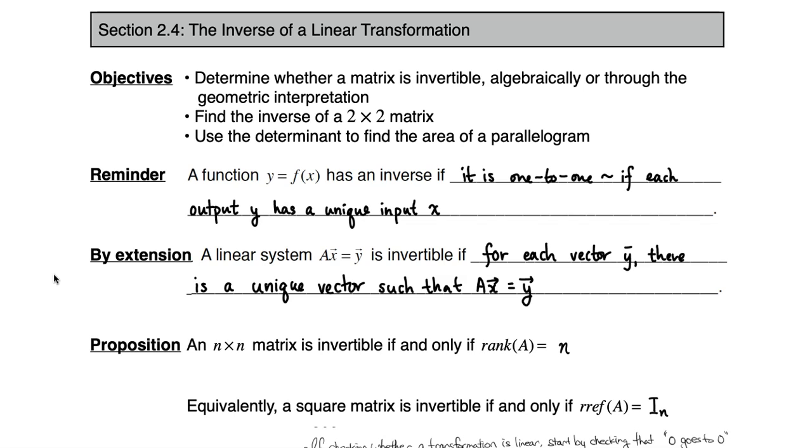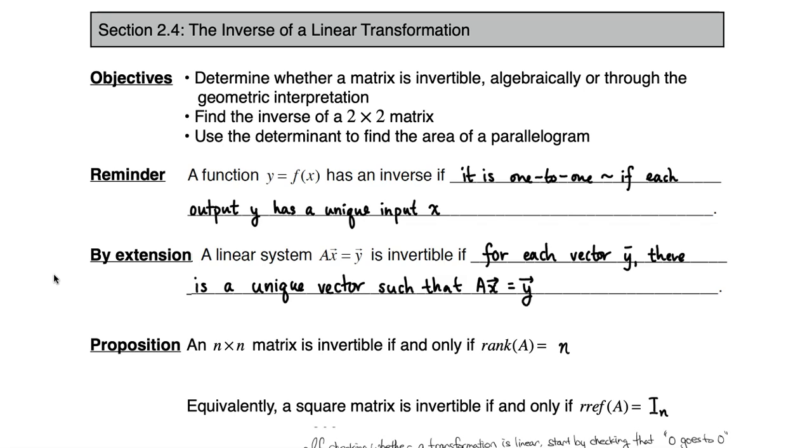So a function, just a reminder, y equals f of x, has an inverse if each output y has a unique input x. That is sometimes called the horizontal line test, but it's simply the fact that if you pick a single value y, there's only one x such that f of x equals y.